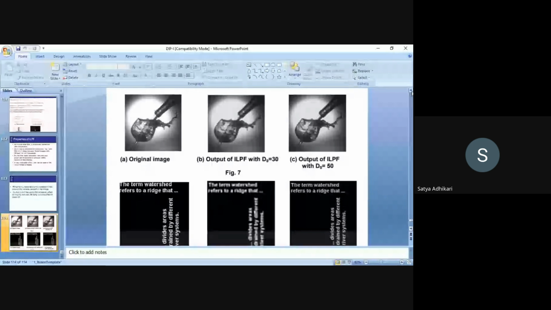So you will get a clearer picture as compared to B. It is less blurring as compared to 30, as the D0 value increases. So a suitable D0 value should be chosen to get a more prominent picture.